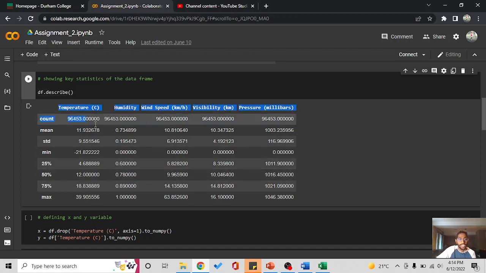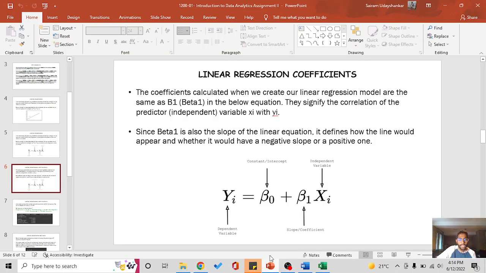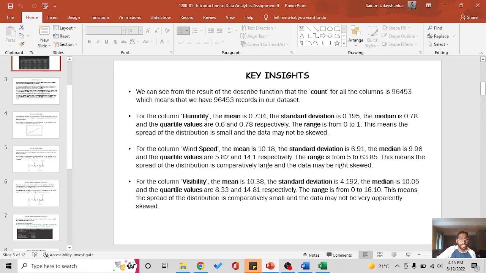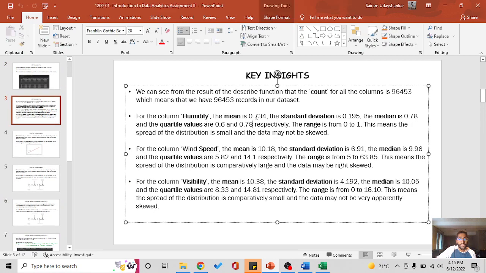This gives the key statistics for each of the columns. I have jotted down the key statistics here. First of all, the count means that we have so many records. For humidity, the mean is 0.734 and the standard deviation is 0.195, which is not a lot.